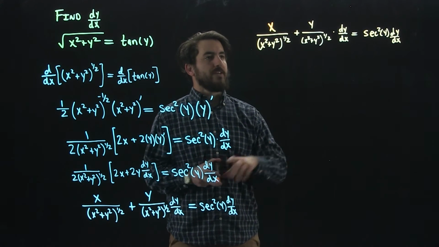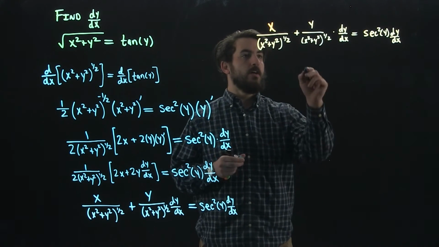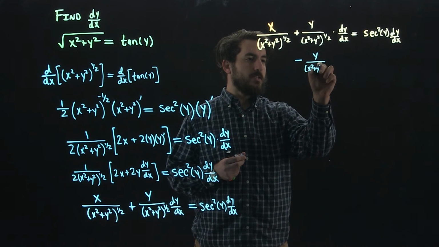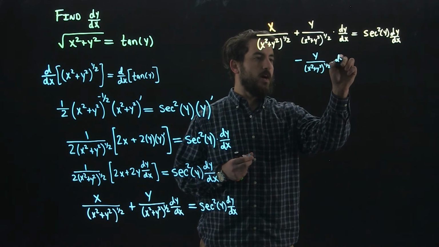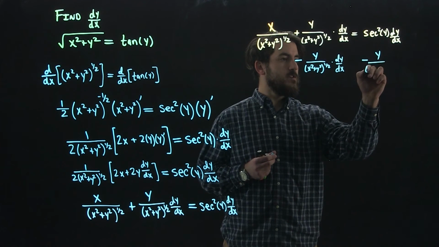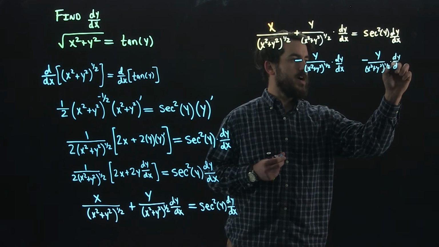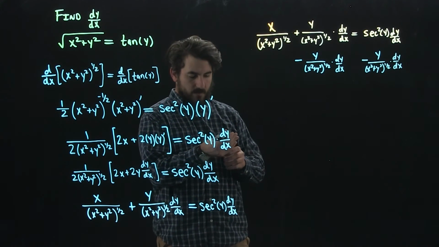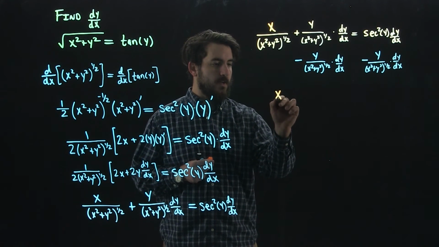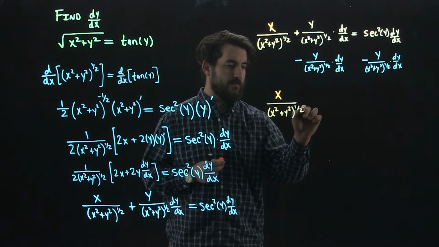Okay, so I'm going to move this whole term to the right-hand side. I do that by subtraction. So I'm going to subtract y over (x squared plus y squared) to the 1/2 times dy/dx from both sides. And so the left-hand side is going to be just x over (x squared plus y squared) to the 1/2.